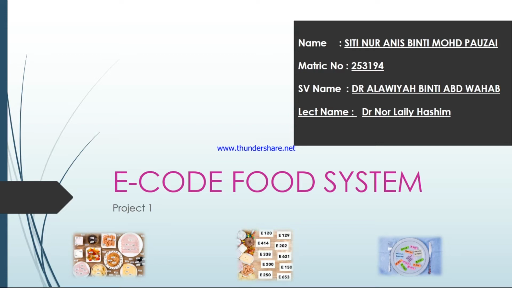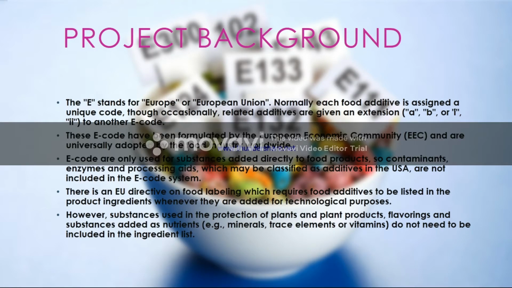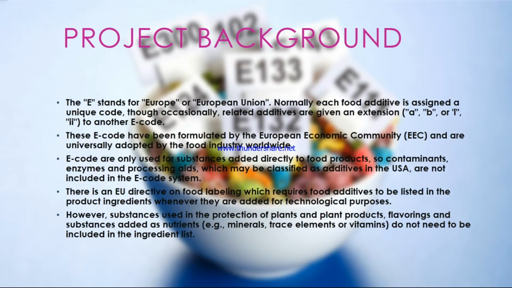Let's start first with the project background. An E-code is a number code for food additives, usually found on food labels throughout the European Union. The E stands for Europe or European Union.